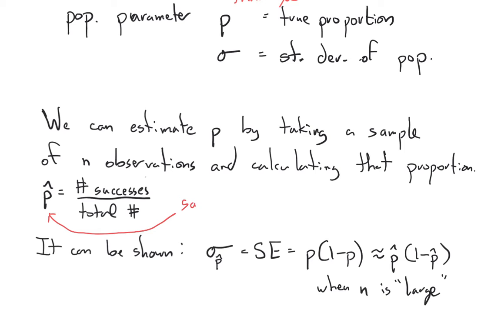So this is the sample proportion. We call it p hat. And you're thinking this is akin to x bar when we're talking about sampling distributions of means.